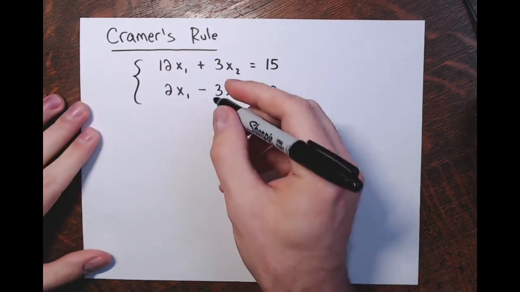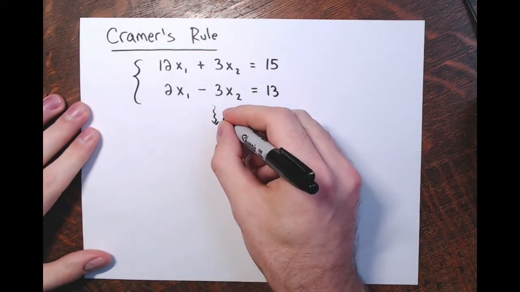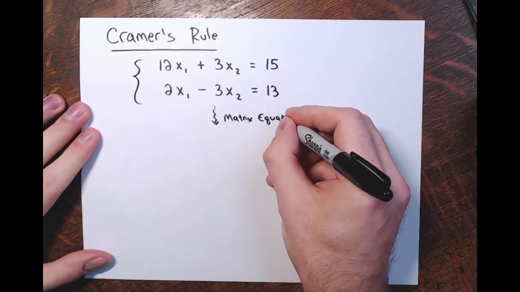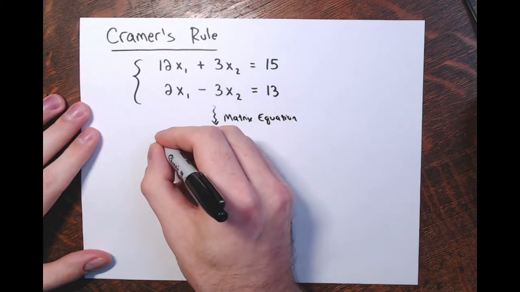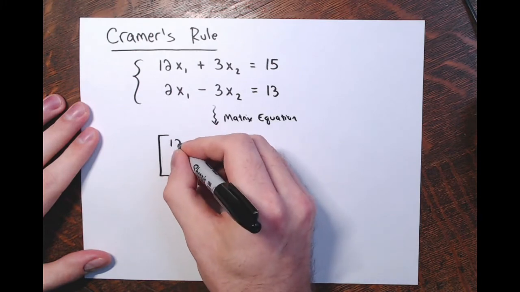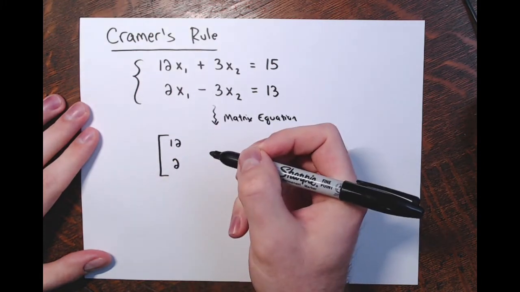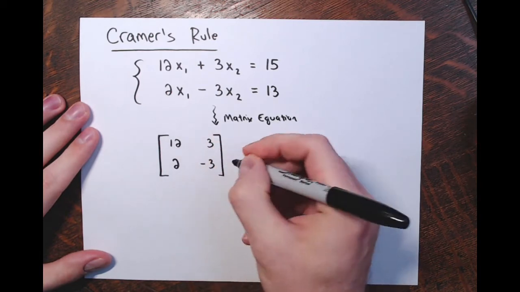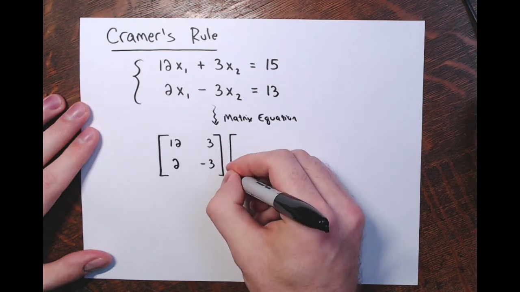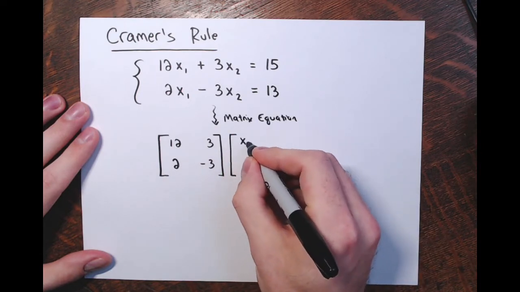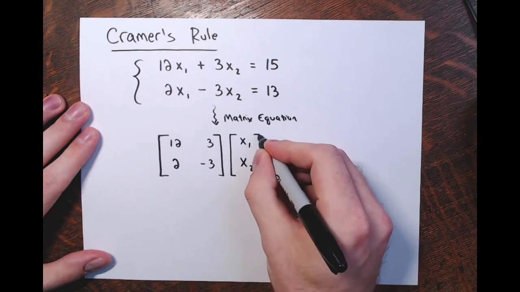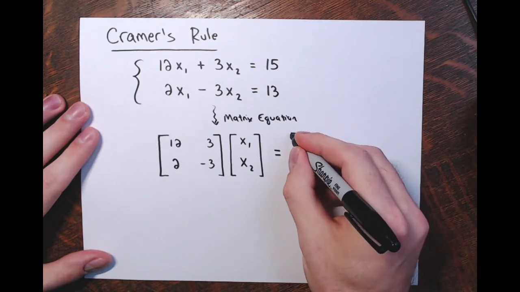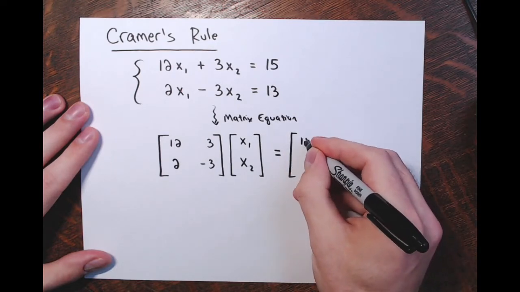So I'm going to write this as a matrix equation. We have the coefficient matrix, with the coefficients of x1 down the first column and coefficients of x2 down the second column, multiplied by our variable matrix with x1 and x2 in it. And this is equal to our constant column, with the entries 15 and 13.